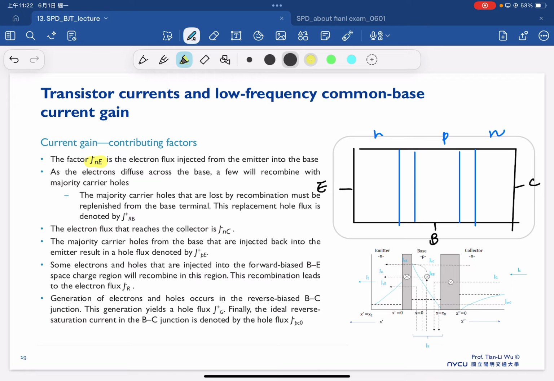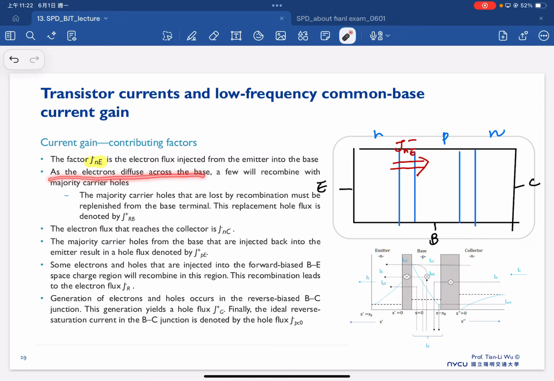This is our JNE, the electron flux injected from the emitter to the base. As an electron diffuses across the base, a few will recombine with the majority holes here.